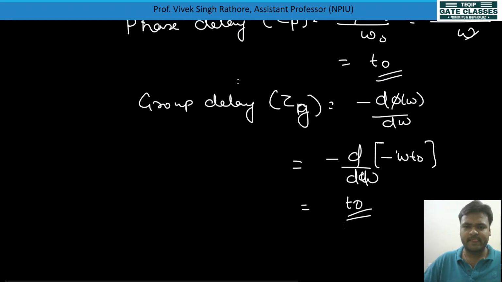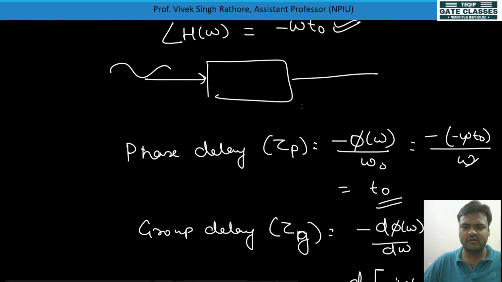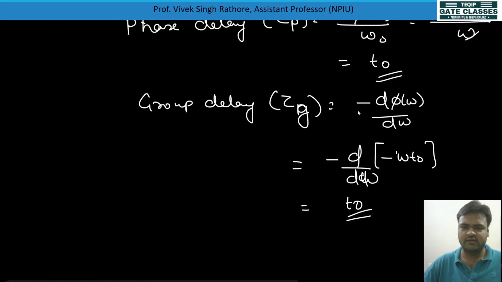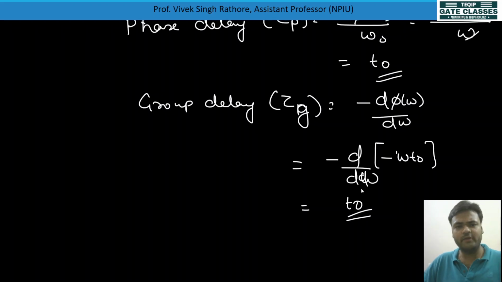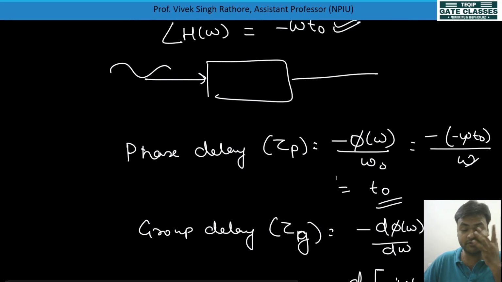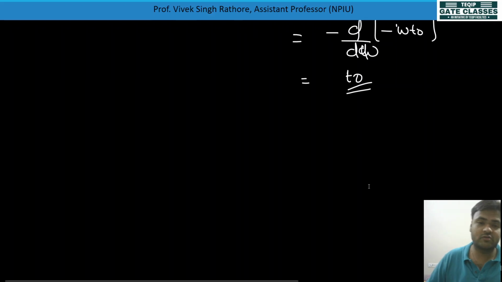Can you see it? For distortionless transmission, the phase delay is t naught and the group delay is t naught. Tau p and tau g are constant and the same thing. It is not dependent on frequency. The delay is only t naught, so there is no dependence on frequency.